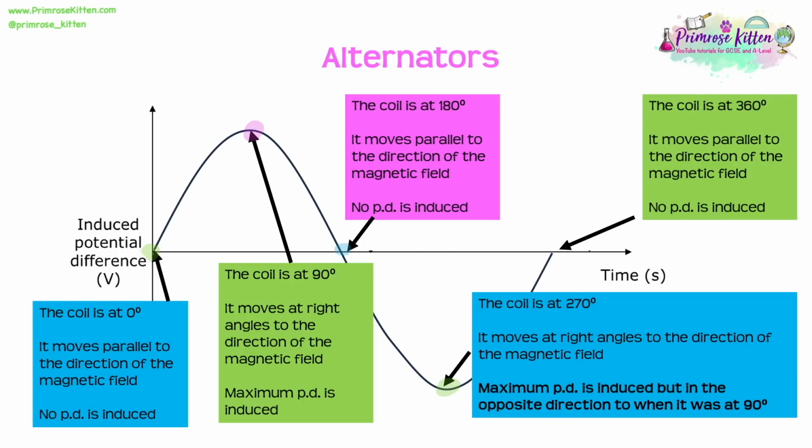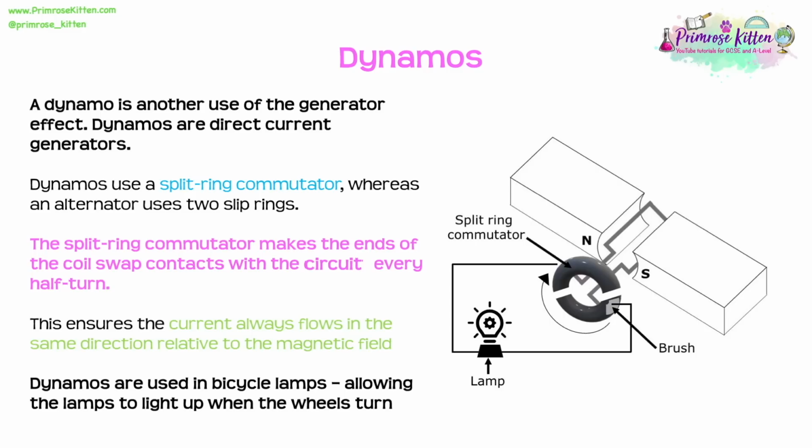And so we induce a potential difference which is at a maximum in the opposite direction to when it was at 90 degrees. Finally, we end up back at 360, which is essentially the exact same orientation that we had before when we were at 0 degrees. We're moving parallel to the direction of the field again, and no potential difference is induced.